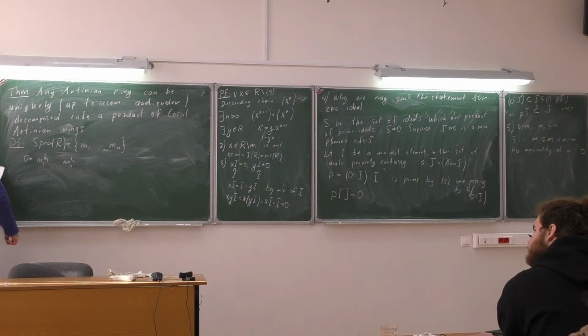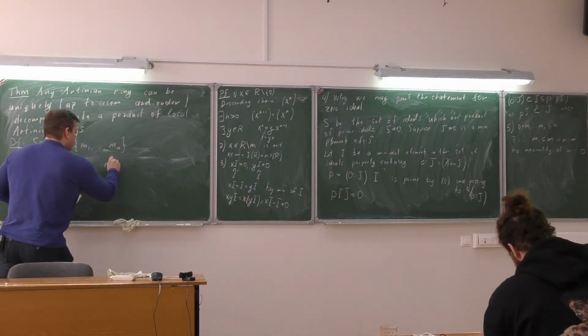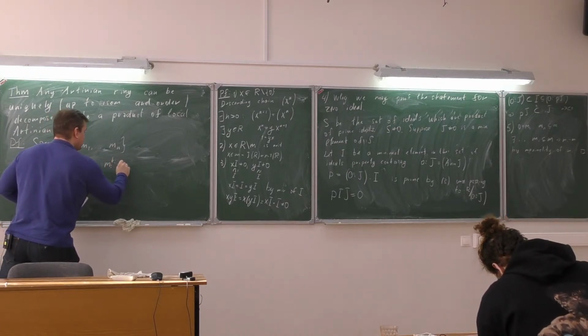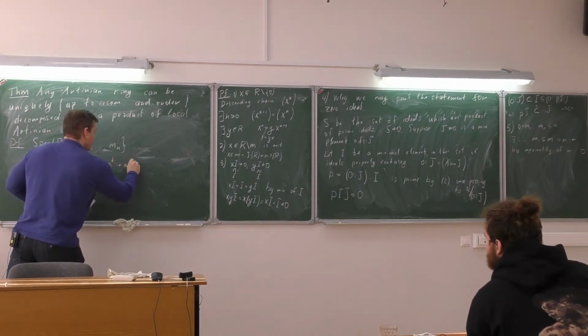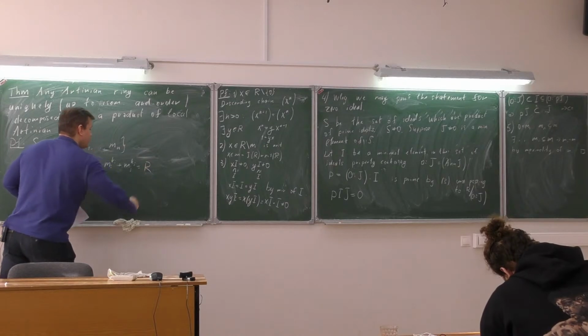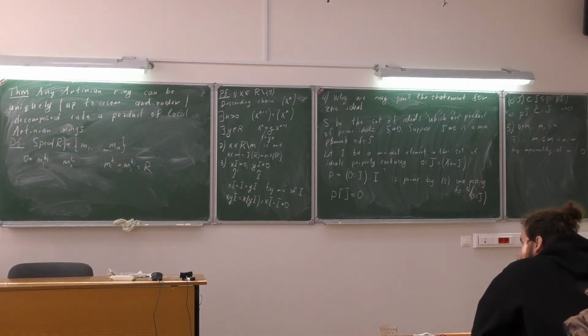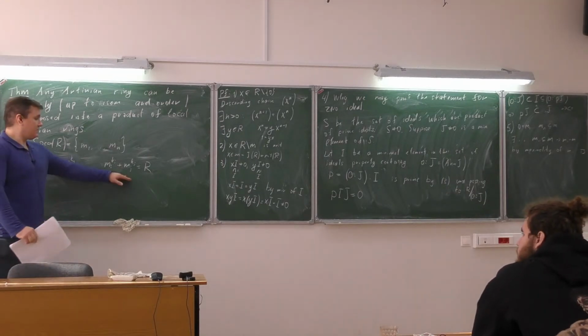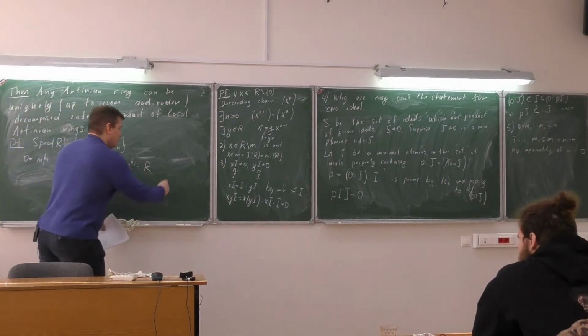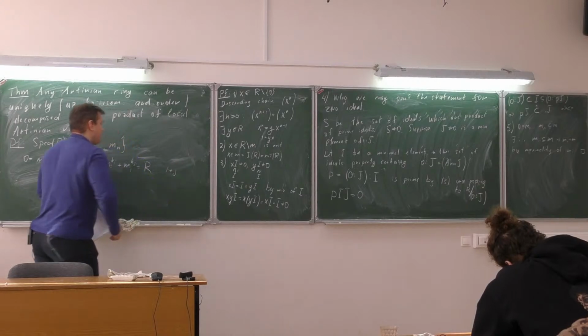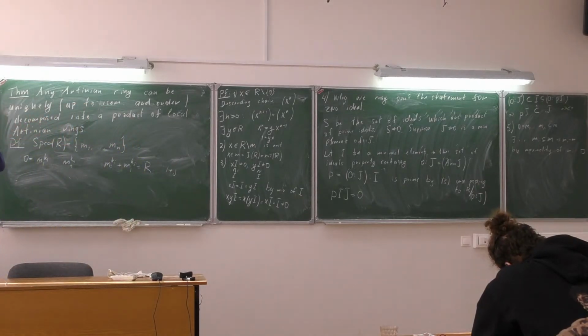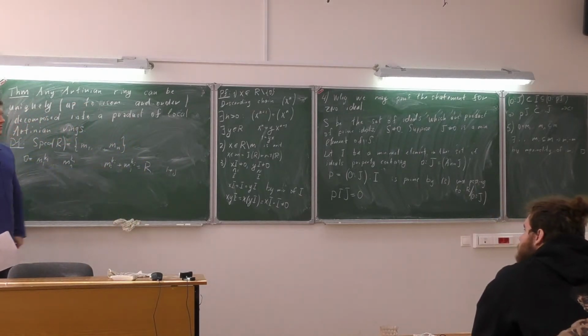Okay. I want to say that if I take Mi to the power ki plus Mj to the power kj, then these two ideals are comaximal or coprime, which are the same thing. And I can say that this is just equal to the ring. Of course, I need to assume that i is not equal to j. So can you tell me why this is true?